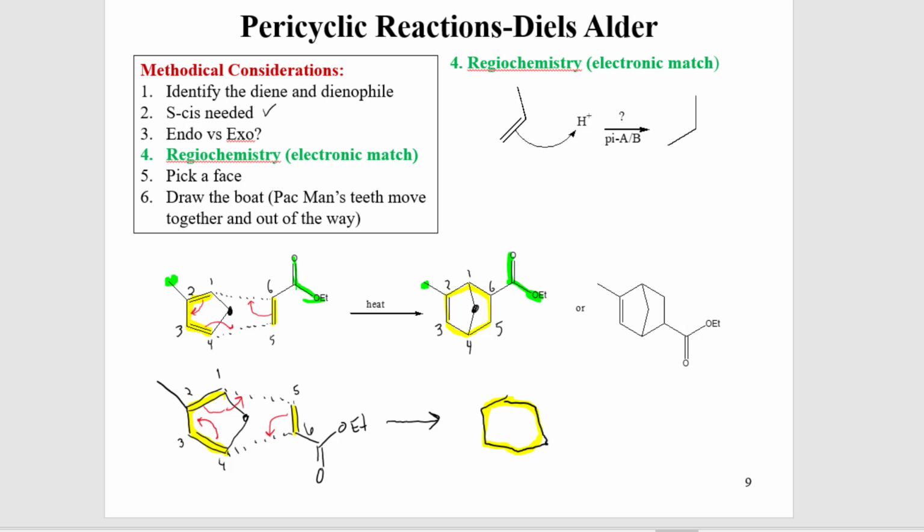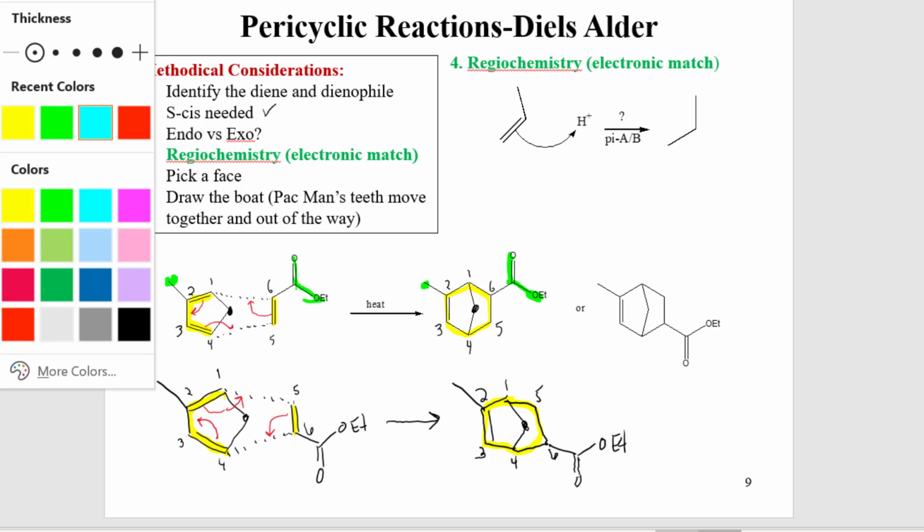I'll number it. 1 to 2, 2 to 3 has a new double bond, to 4, to 6, to 5. Off of 6 is the ester. Off of 2 is the methyl. And 1 and 4 share the bridge. Okay, so I'm going to highlight.